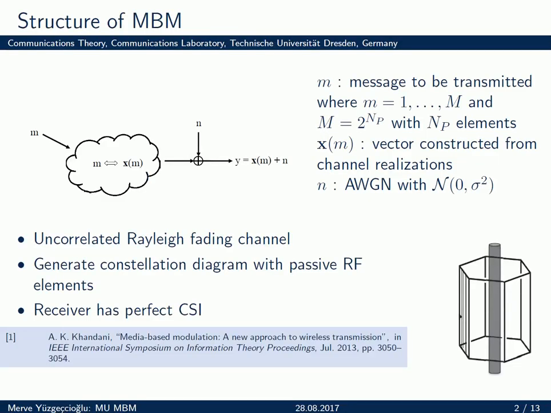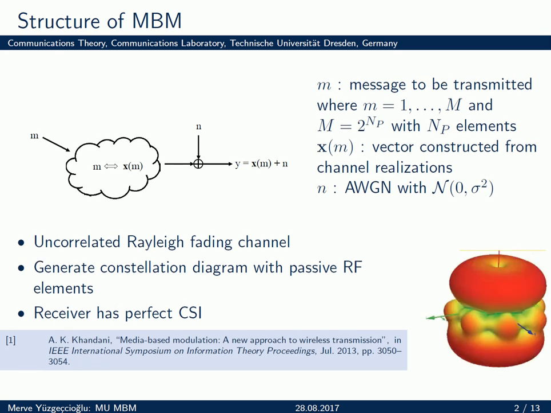So what is media-based modulation? Imagine that this is a transmit antenna and we place passive RF elements around the transmit antenna. When we change the on-off status of these passive RF elements, we can let the wave go through or not, and every combination of these RF elements will change the appearance of the channel at the receiver side.